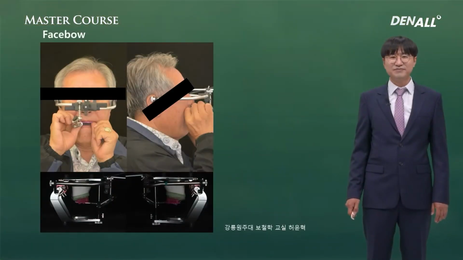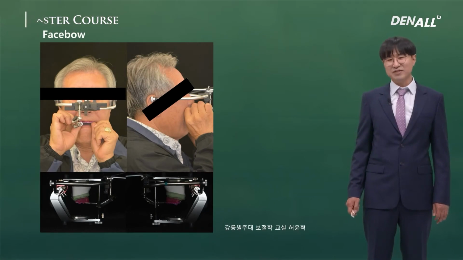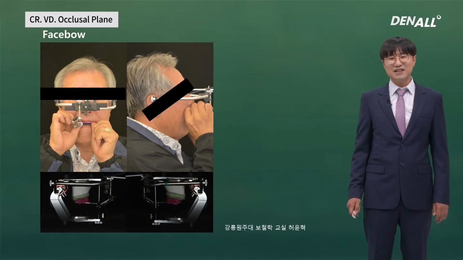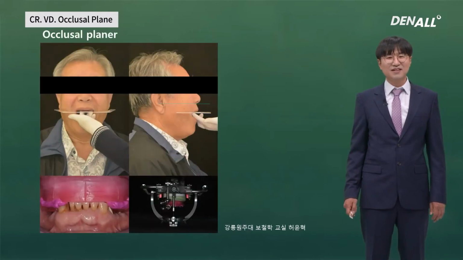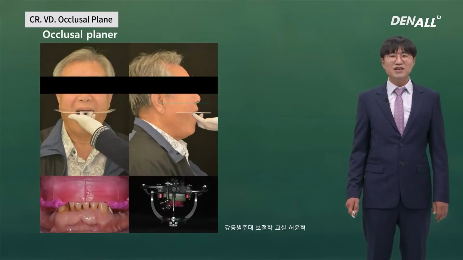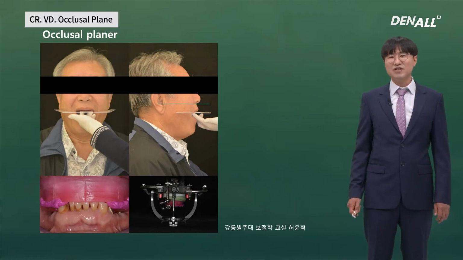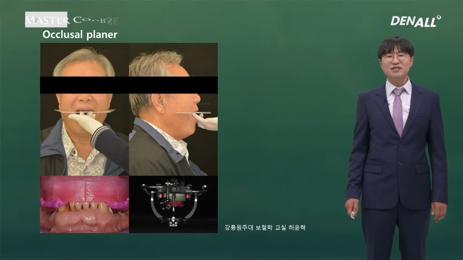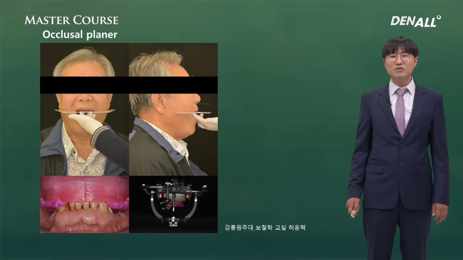Summary. In the past, I thought face bow was not necessary, right after I finished my residency. However, to deliver better information on patients to a lab, face bow is very helpful for more aesthetic and functional prosthetics.